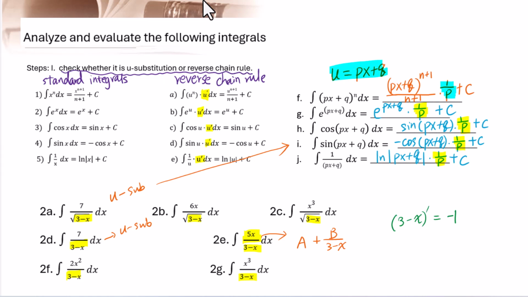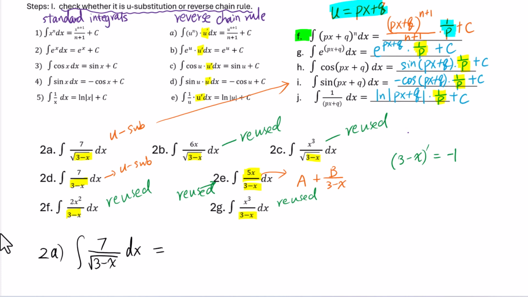Then the rest of this is all reused U substitution. Basically 2e, you can use reused U substitution to work out also. For 2a, we will use formula f.